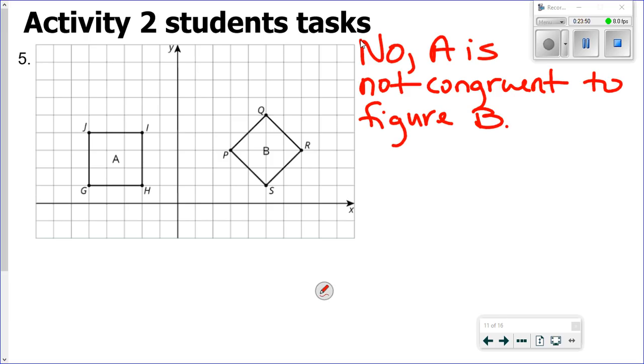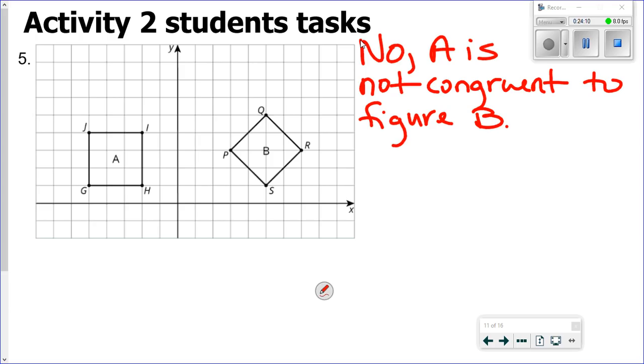Once doing so, angle PSR would match up with angle GHI. But both sides of the quadrilateral are a little shorter than that of quadrilateral A. So the two shapes are not congruent.